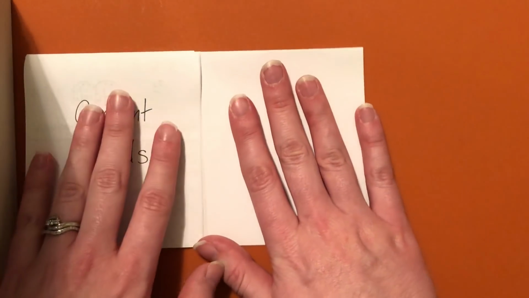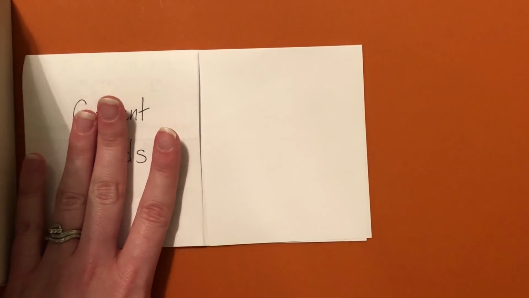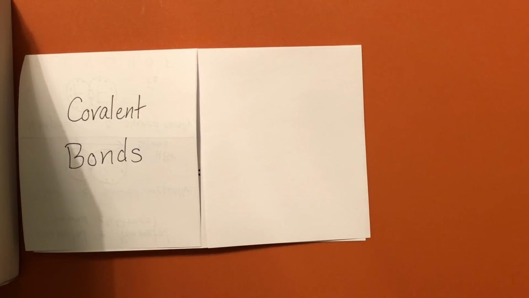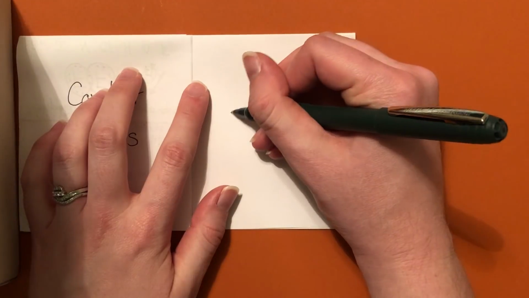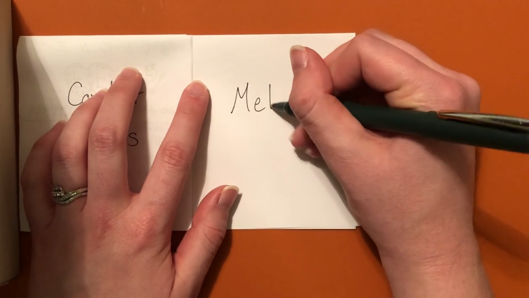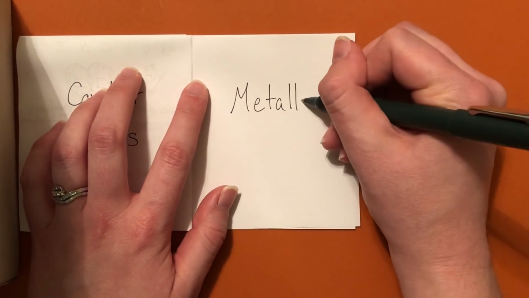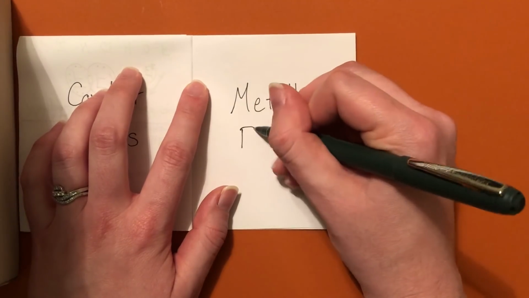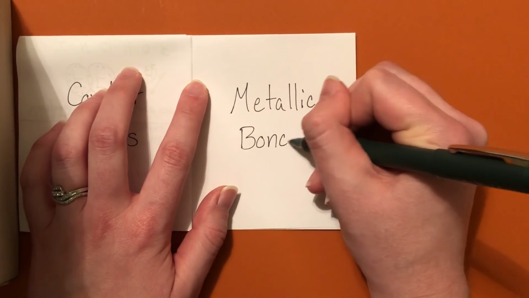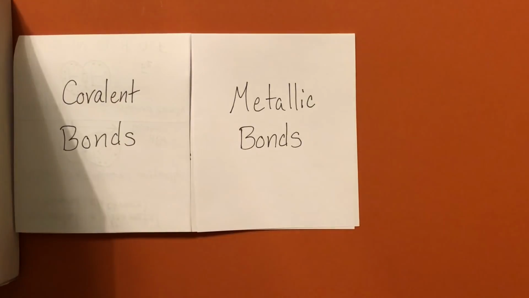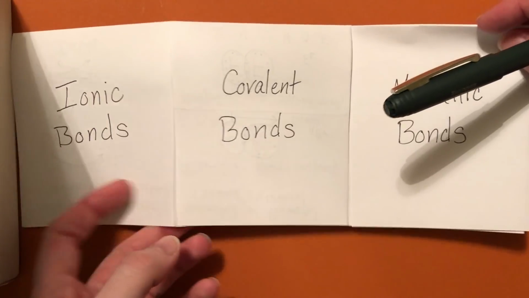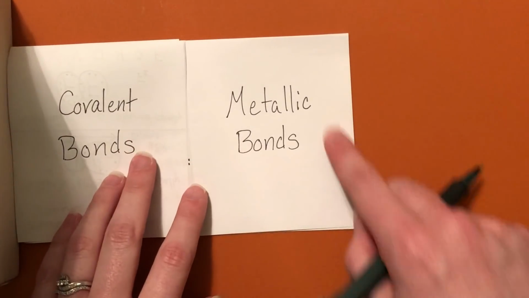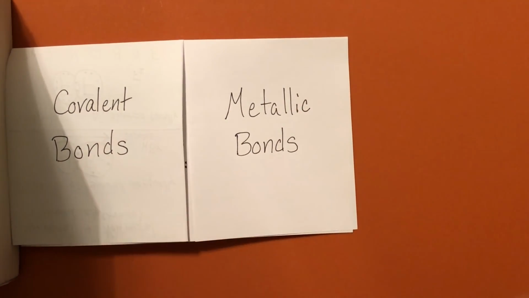And the last piece that we haven't really touched on, and is just kind of thrown in there but really important to talk about, is metallic bonds. So metallic bonds is my last piece. And don't freak out, I just took my ionic bonds and flipped them under so that you guys can see the metallic bonds in the center.